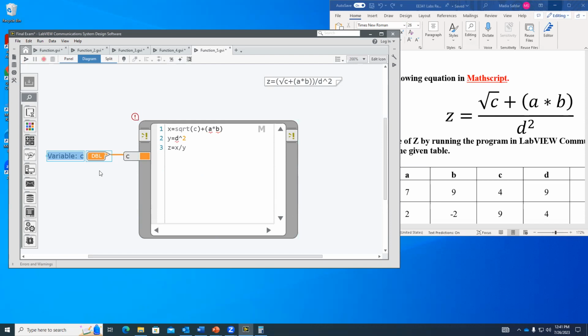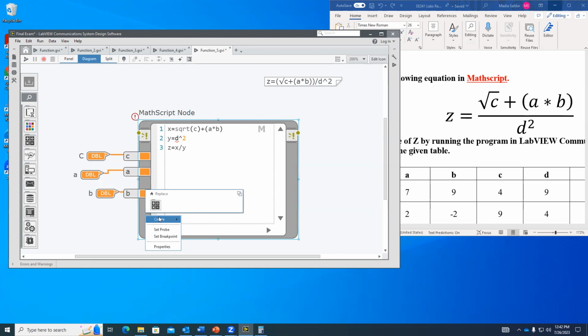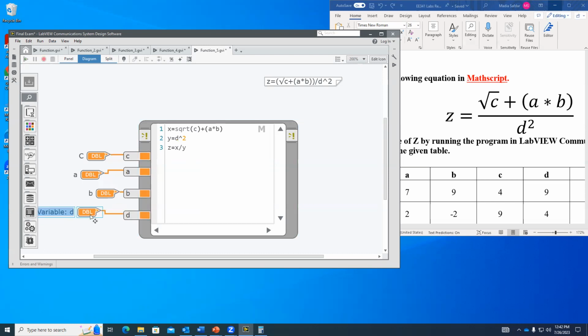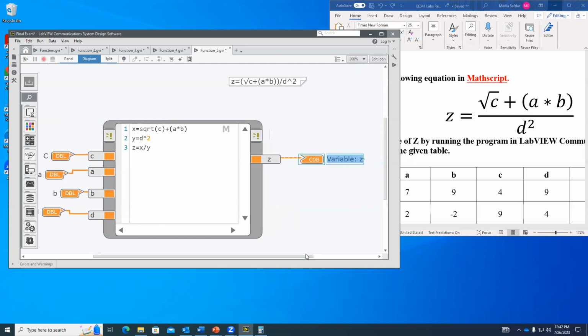So this is C, then A, this is A, right click, B, and D. Now these are the 4 inputs, and then output will be Z. And no need for any graph, just choose this variable Z.